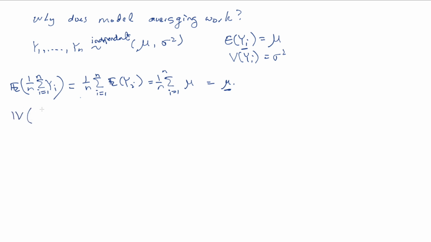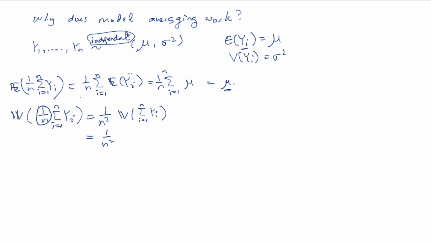What about the variance? Well, first off, this is a constant, so we can take it outside, but we have to square it. So 1 over n squared times the variance of the sum. And what is the variance of the sum? Well, if these are independent, the correlations are all 0, so the variance of the sum is equal to the sum of the variances.